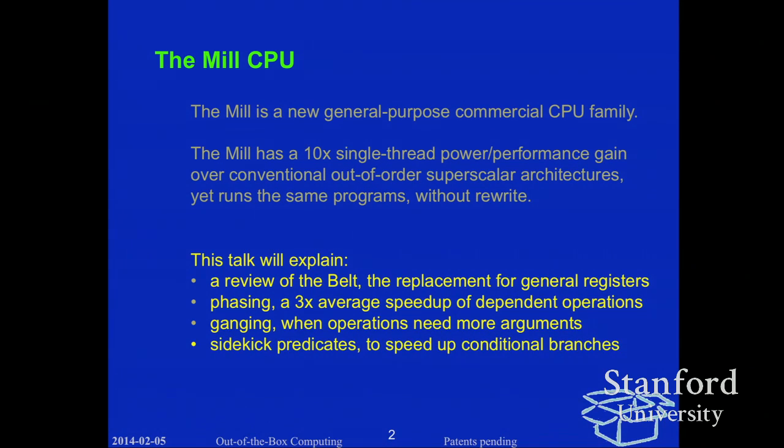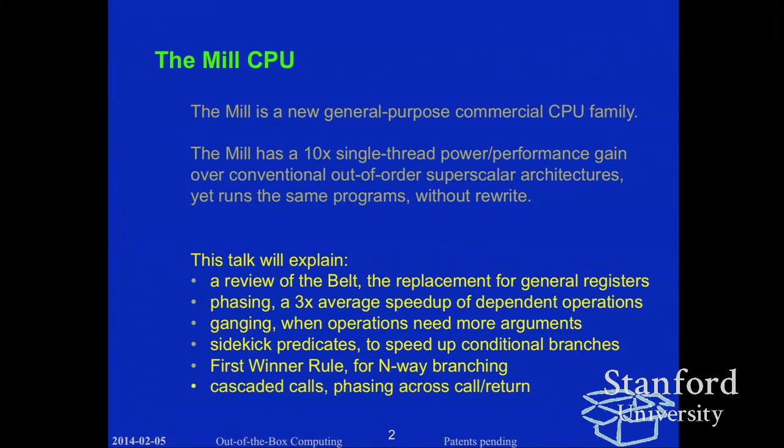And how that gets used in order to avoid the problems of using condition codes to indicate Boolean values. Lastly, I'll speak briefly on how n-way branching is performed and how, when you have multiple calls in a single instruction, these cascade.